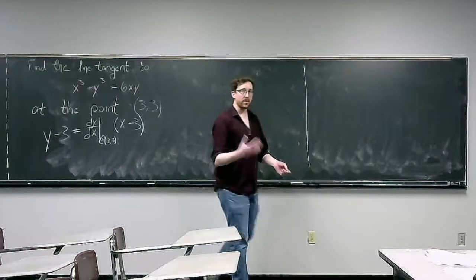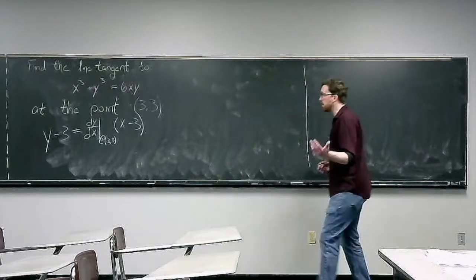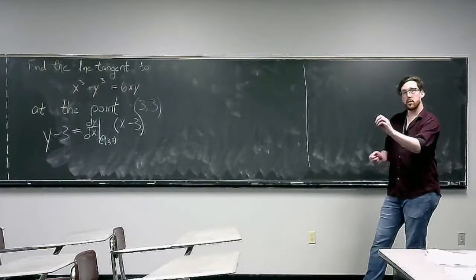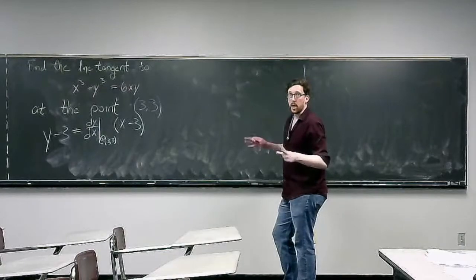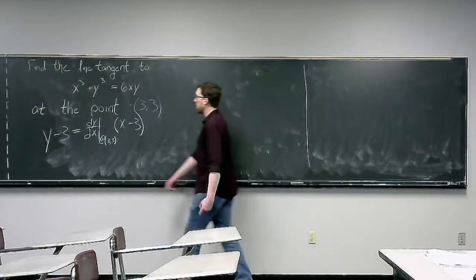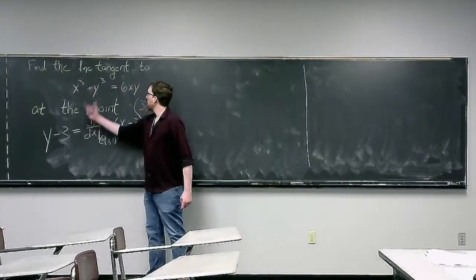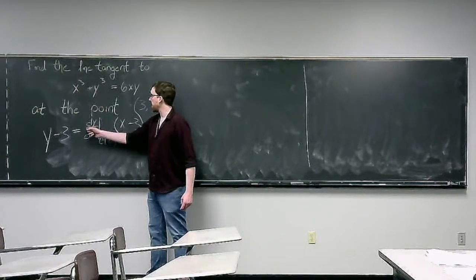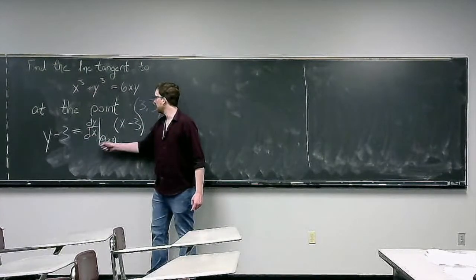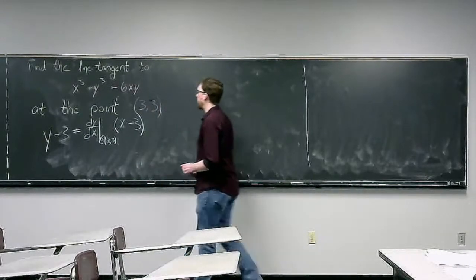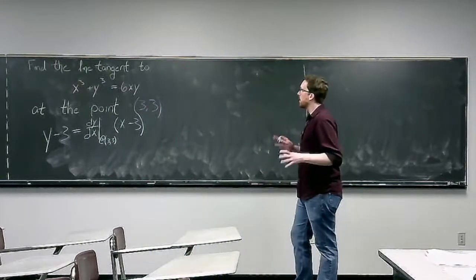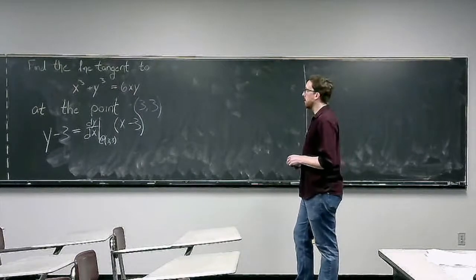Just a heads up on some notation. I sometimes use this bar with some information down at the bottom of the bar just to tell you what's going on. So here we're saying you want the derivative of y with respect to x at the point 3, 3.